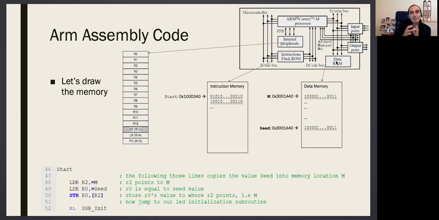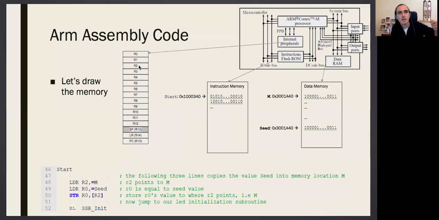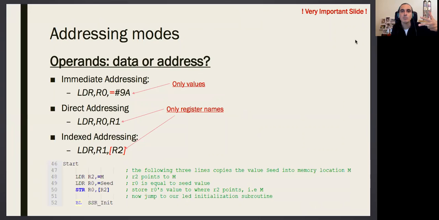So guys, when using this instruction LDR to write a value to a register, I have 3 different possibilities: telling the value in the code, reading the value from another register, or reading the value from the memory. These 3 possibilities are called addressing modes. When you're telling the value, write this value there, you're immediately writing it. That's called immediate addressing, and it's very simple.